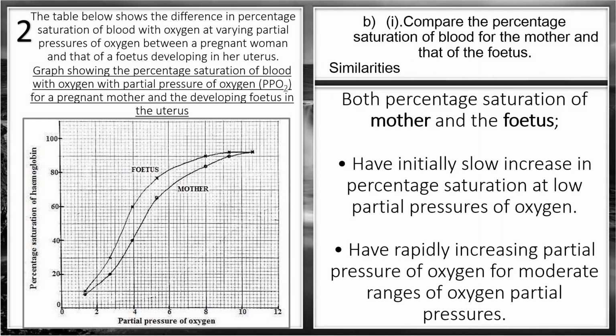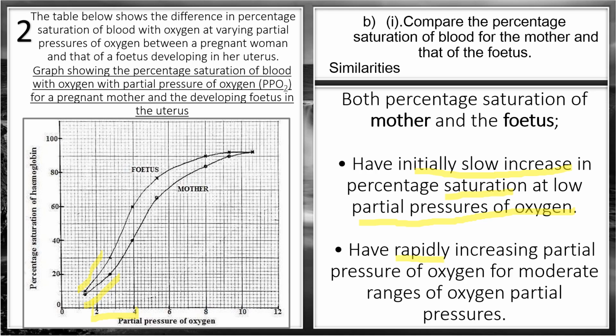Then you find that both of them have initially slow increase in the percentage saturation at low partial pressure of oxygen. At the beginning, when you look at them, when the partial pressure of oxygen is low, both for the mother and the fetus, they have a very slow increase in the percentage saturation at low partial pressure.